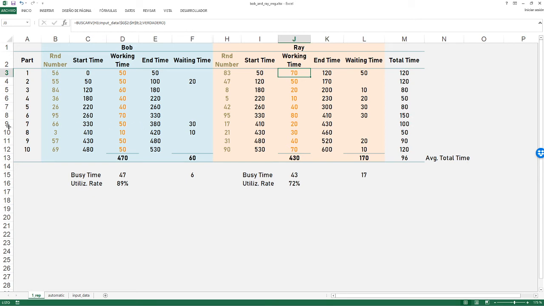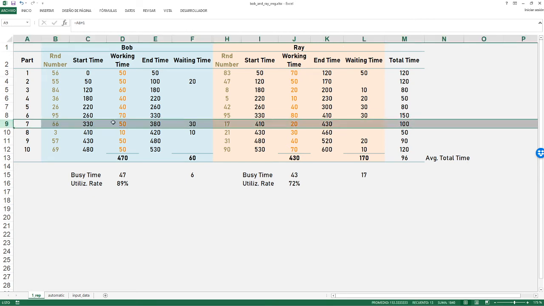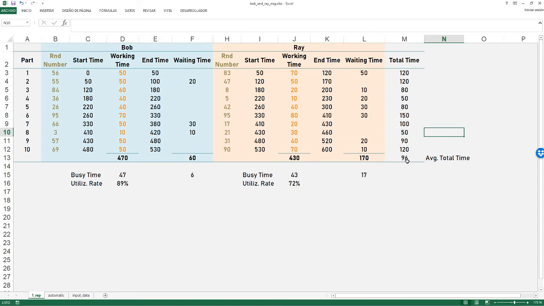For part 7, it took Bob 50 seconds to work on it, 20 seconds for Ray, but since there was this waiting time here, the total time since the moment we started this part till the moment we finished it wasn't 50 plus 20, but 50 plus 20 plus these 30 seconds of waiting time. So that way we can calculate the average total time we spent on every part, which is 96. That's the result of this simulation.